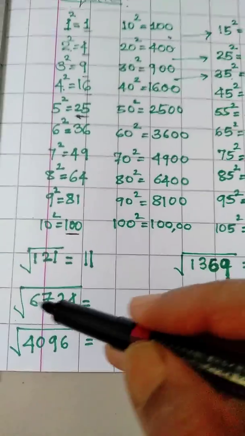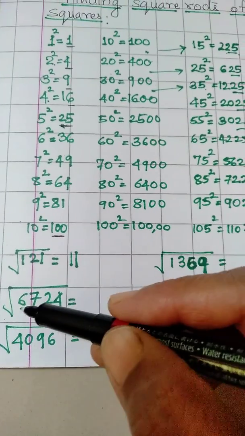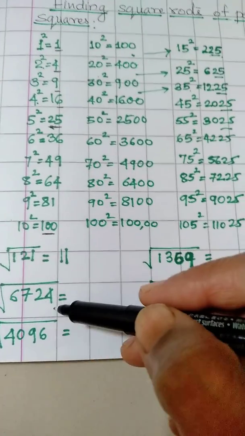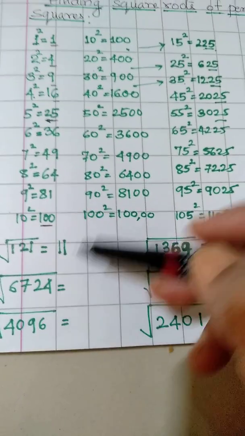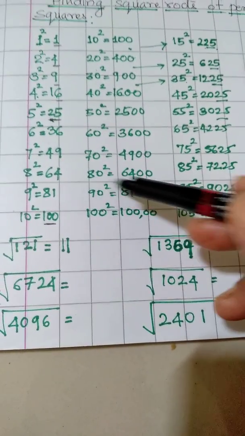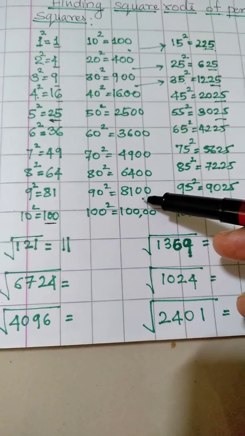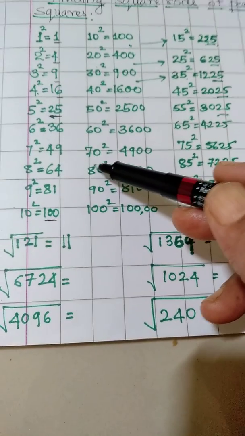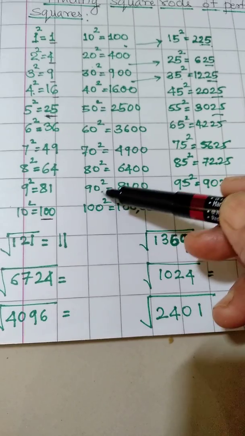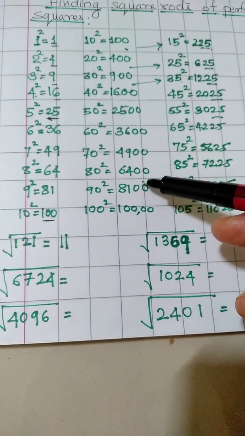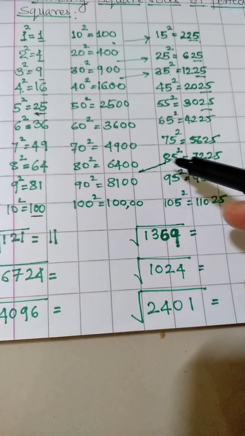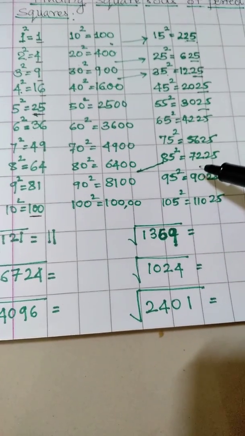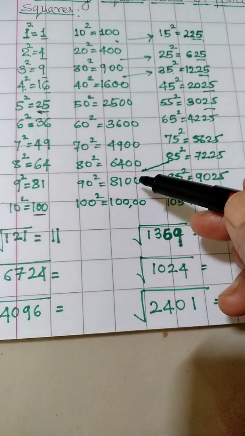Now let's find the square root of 6724. This is a perfect square. Let us check between which two numbers this lies. It lies between 6400 and 8100. So its square root has to be between 80 and 90. Let us check the square of the middle number. It is 85 square. 8 9s are 72, so 7225.